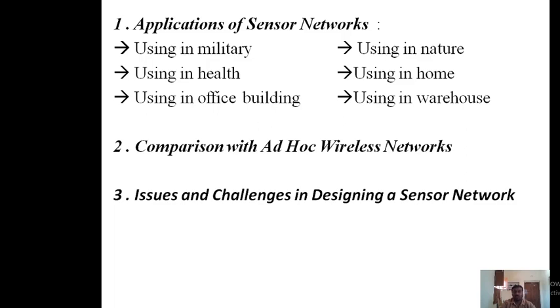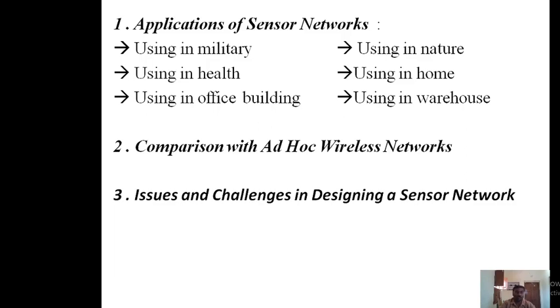That means to provide smart homes, we use sensors there also, and they are also used in office buildings. For example, in some offices, when you reach near the doors, the doors open. It is only by using sensors. The last application is in warehouses. So these are the different applications of sensor networks.